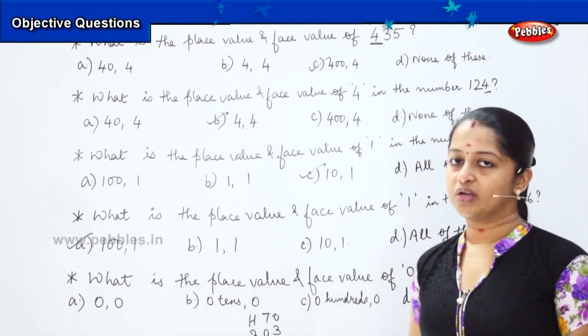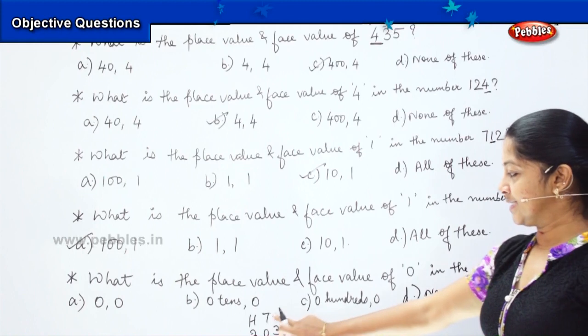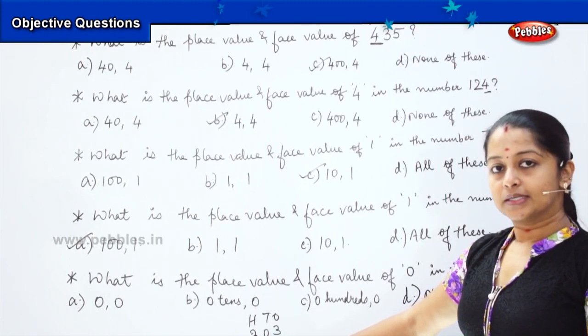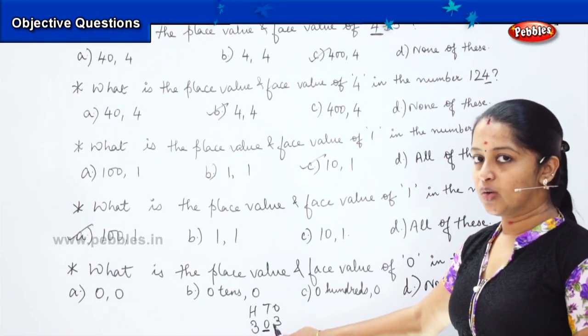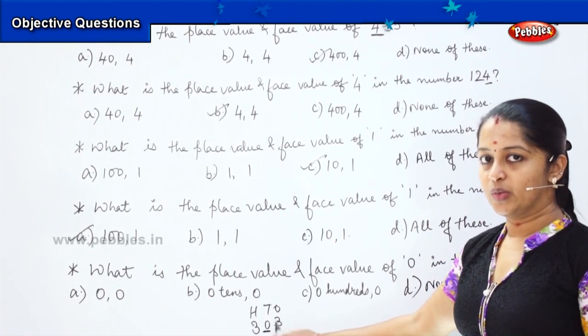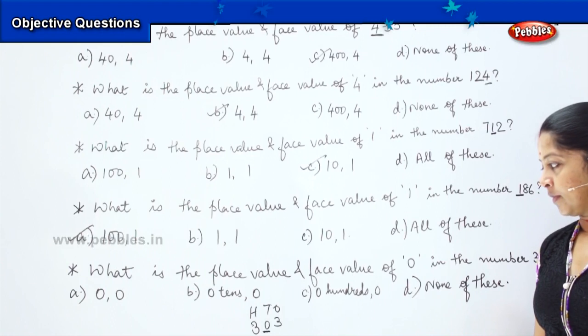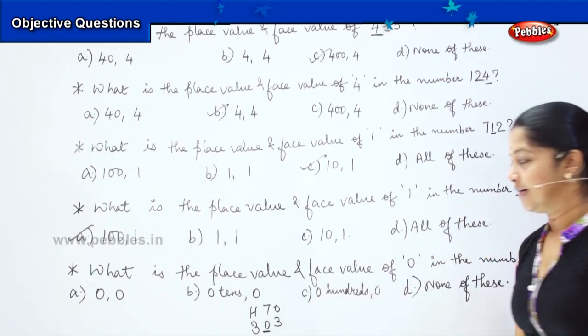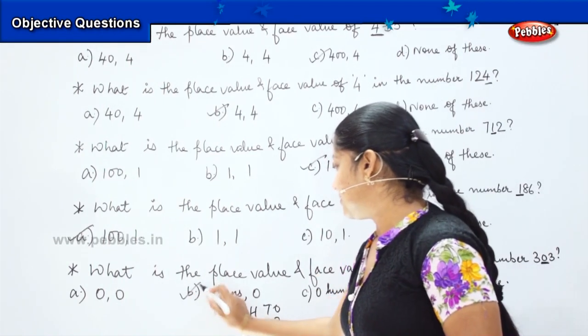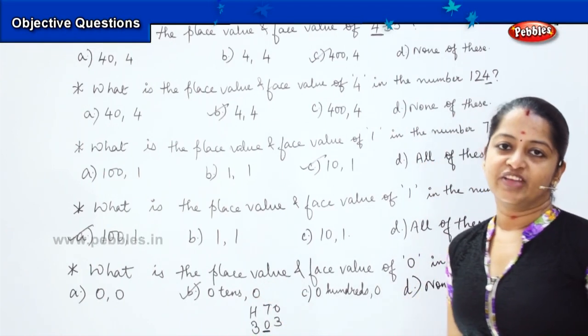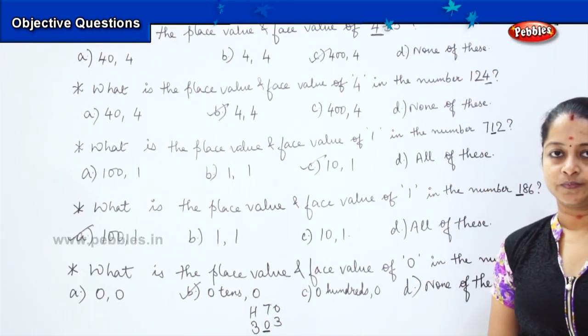So option A is not the right answer. Where is it seated? Under the tens column. So it should be 0 tens and the face value will be 0. So where can you see that option here? Good, it is option number B. So my answer will be 0 tens and the face value will remain 0.